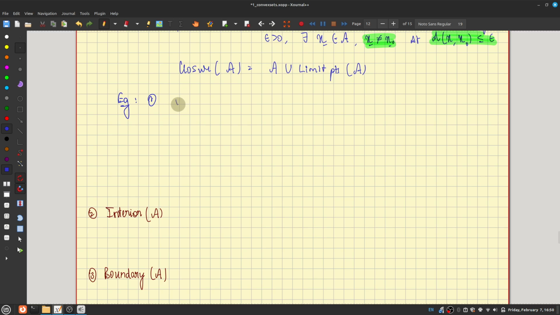All right, let's take the example A equal to the open interval 0 to 1. Take any point within 0 to 1. Let's take half. Is half a limit point of A?